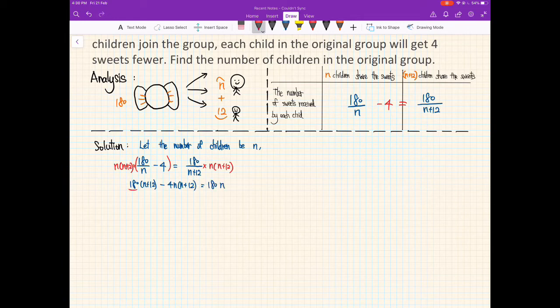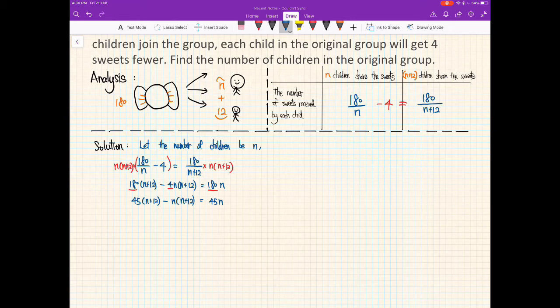we have 180, 4, and 180. So we can divide both sides by 4 to further simplify. Then we get 45 times n plus 12 minus n times n plus 12 is equal to 45n.